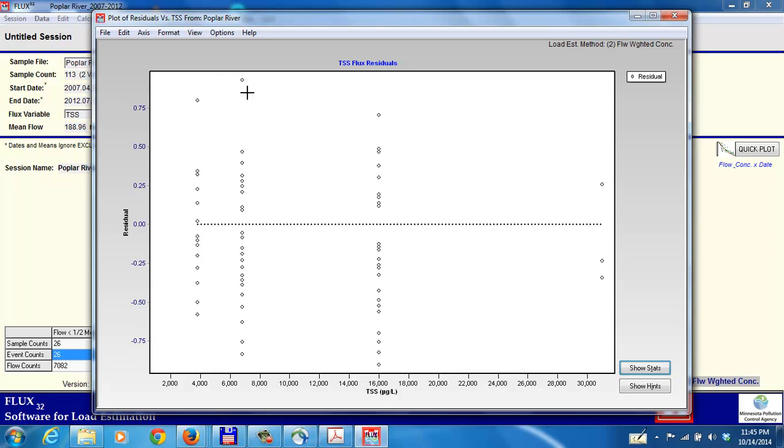It's somewhat balanced here. Appears to be fairly balanced here, and then also back here at the highest flow stratum. So the residuals appear to be fairly balanced. We didn't find that for method 2 when we had the single stratum, when all the data were pooled together. There was more of a bias on the negative residuals.